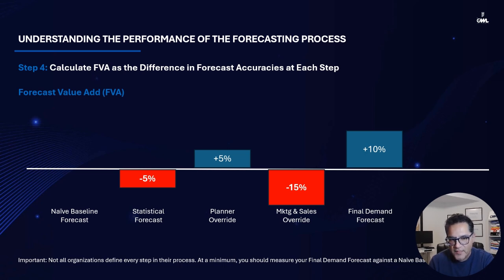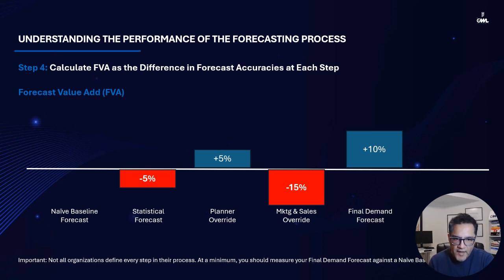So the statistical forecast reduced accuracy by 5 points versus the previous step. Therefore, the value added or subtracted by the statistical forecast was the difference between 95% and 90%, which is a 5% value subtraction in this case, not addition.